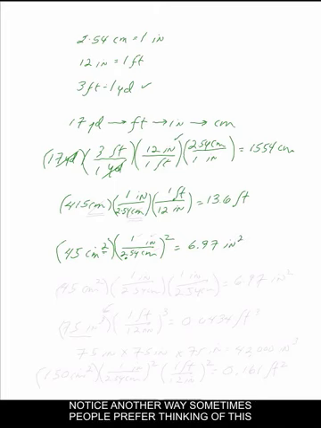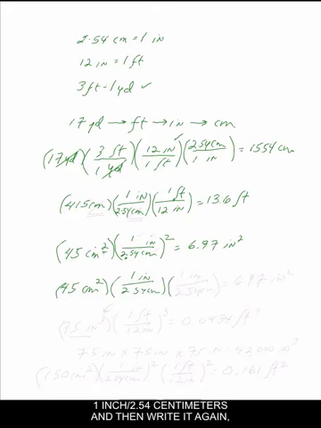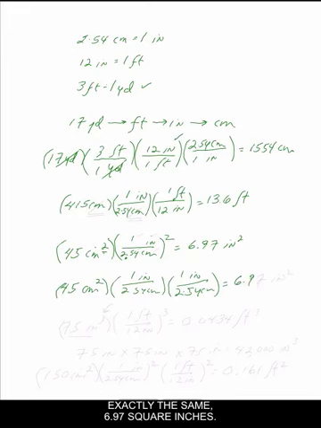Notice another way sometimes people prefer thinking of this is to write 45 square centimeters as a given and simply write the ratio twice. 1 inch over 2.54 centimeters, and then write it again, 1 inch over 2.54 centimeters, and the answer, of course, will come out exactly the same, 6.97 square inches.